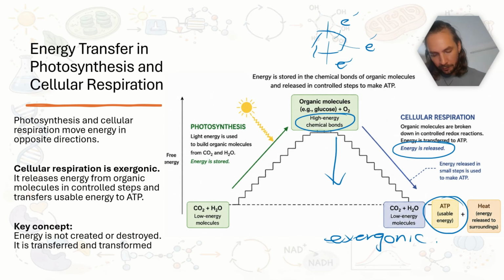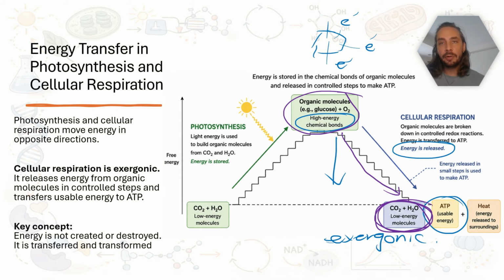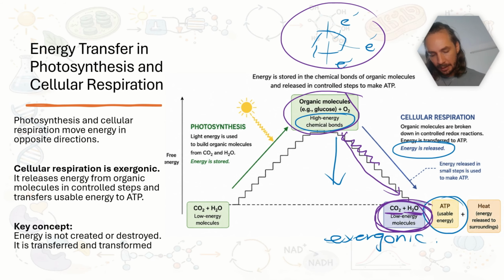Therefore, we move from a high energy level to a lower energy level, and we end up with the same low energy products, carbon dioxide and water. But we've broken down these chemical bonds in steps to make ATP. And some of this energy is also lost as heat.